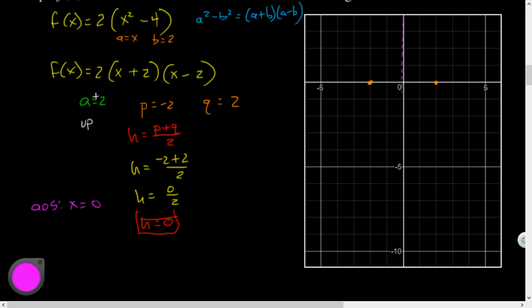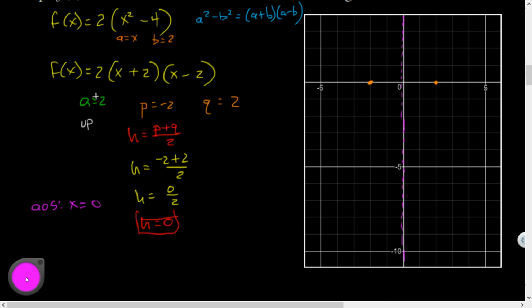And visually, this is exactly halfway between my x-intercepts, and that's what I would expect, because parabolas are mirror images of themselves, and the x-intercepts would be mirror images over that mirror. If I had the two x-intercepts and wondered where that mirror is, it's got to be halfway between them.